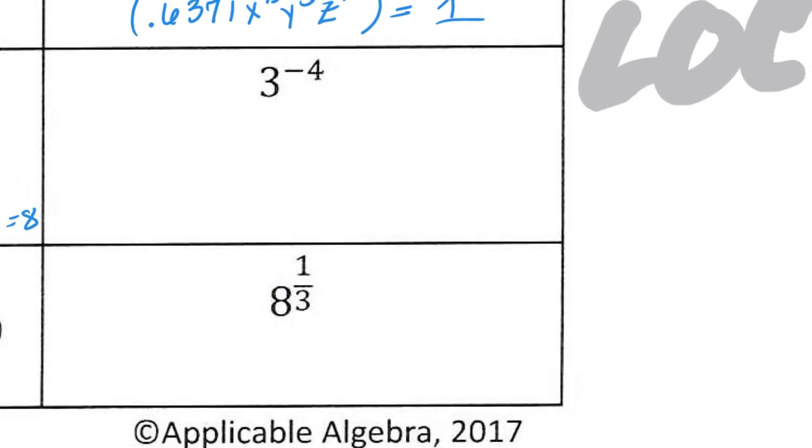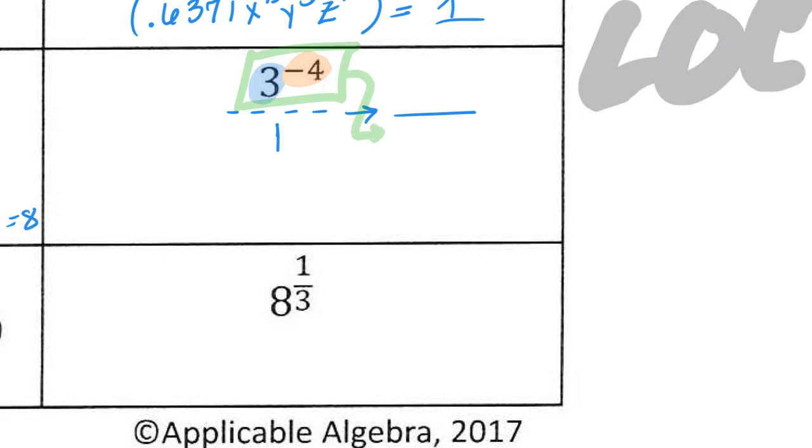If I was to look at 3 to the negative 4, I have a base of 3. My exponent is negative. So right now I have no fraction, so I can put all of this over 1. Well, if you look, your negative 4 is attached to the 3, so that is the item that will move spots.